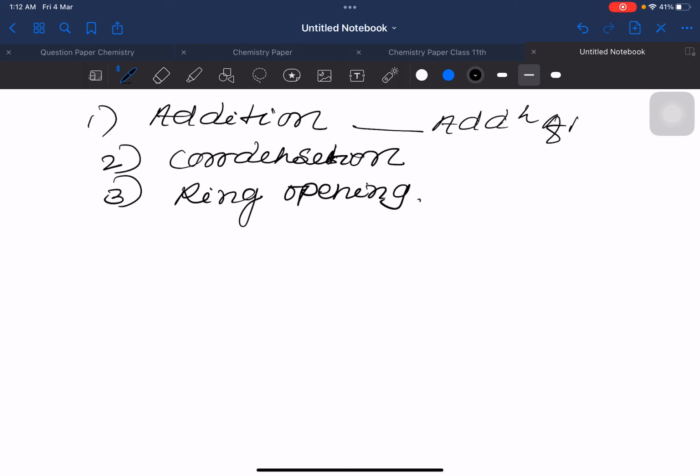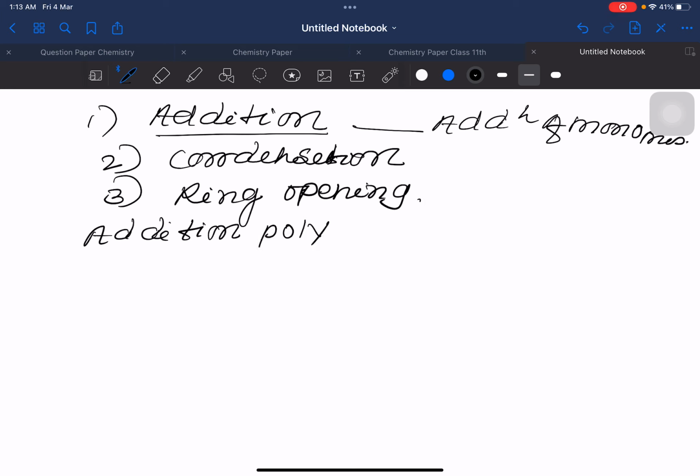Addition polymerization is a process of formation of polymer by addition of monomers without loss of any small molecule.